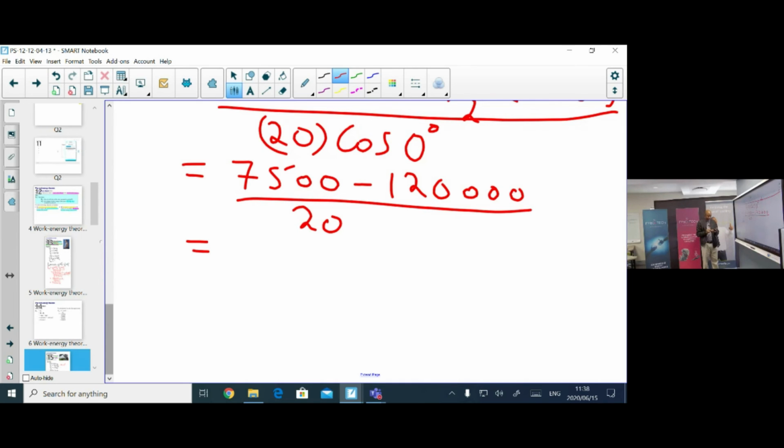The answer there is equal to 37,500 minus 120,000. You have to divide by 20.